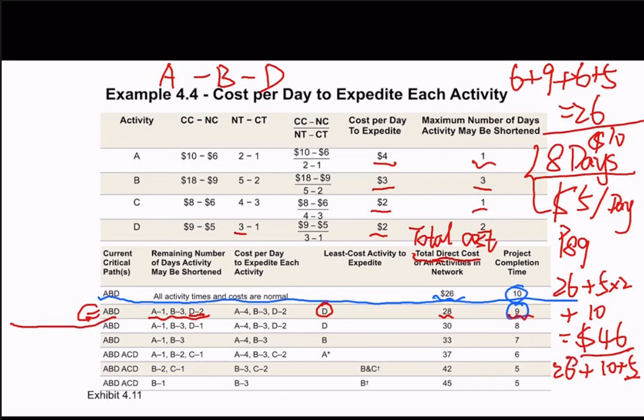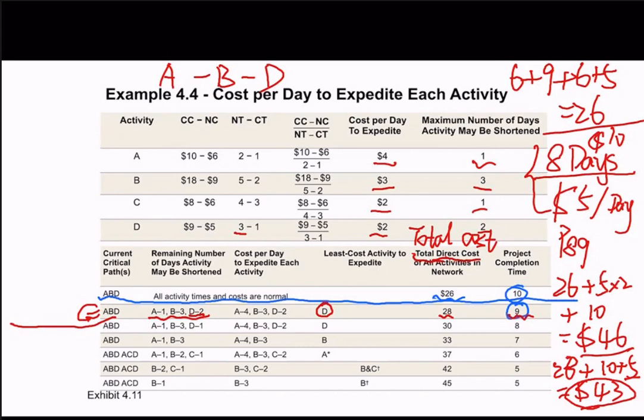Sorry, this should be 28. So the total cost here will be 43. So this is if we want to reduce 1 day. Actually, the total cost will be 43, and the total time will be 9 days.